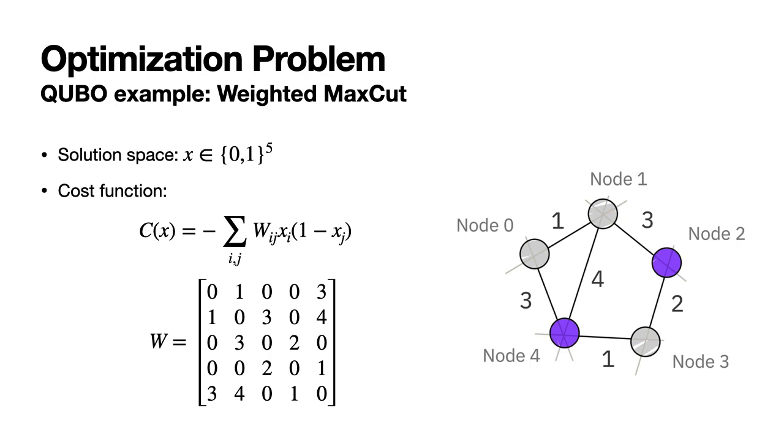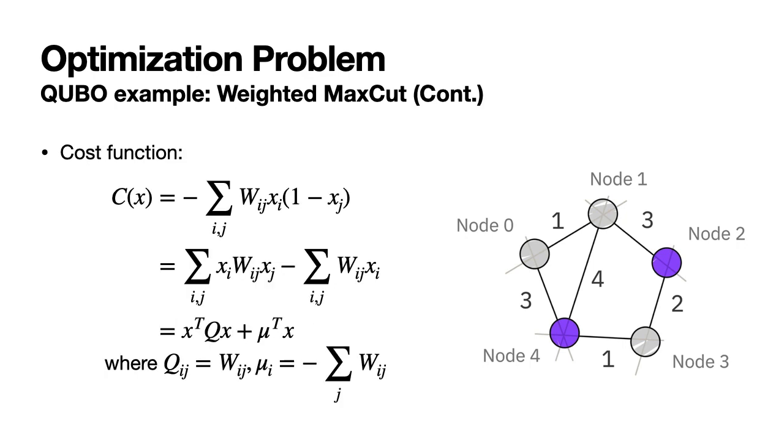As you can see, even for this relatively small 5-node graph example, the cost function c of x involves many cross terms between the different binary variables xi, making it highly non-trivial to minimize. In fact, we can rewrite this cost function c of x in the standard QUBO form by defining the matrix Q and the vector mu in this way.